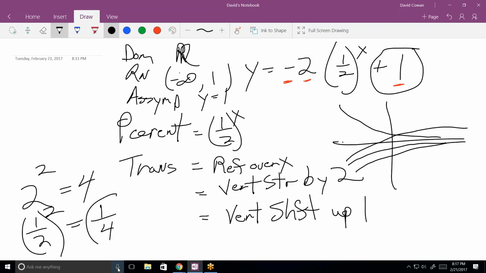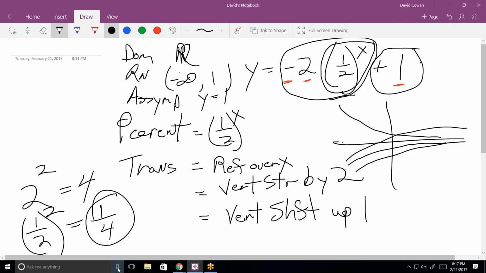And what that means is that as x gets big, that whole thing gets very, very small. So as x goes to infinity, this whole quantity basically goes to 0, and everything approaches that horizontal asymptote at plus 1. So that definitely is correct for the range. In fact, all of it.